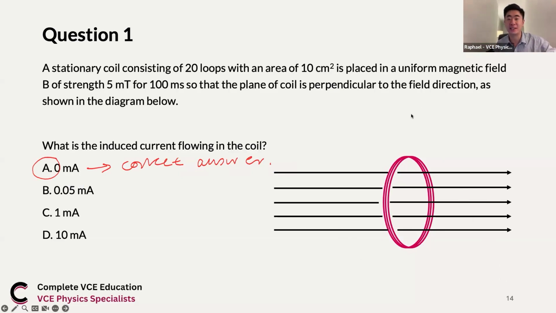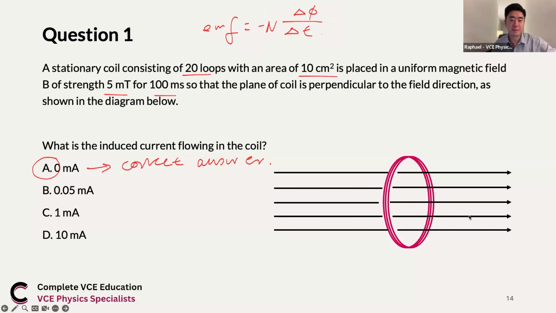It's very easy. You see this question and you're like, okay, there are some numbers for the loops, the area, the B field, and immediately we want to jump and use equations. So we look at Faraday's law, EMF equals negative N delta phi on delta t. And we might be very fast to go and sub these numbers in.